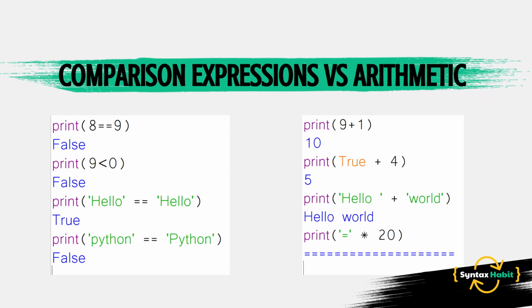As you may remember, an expression is something that Python can evaluate to produce a single value. With arithmetic expressions, the result might be a number or a string. With comparison expressions, the result is always a Boolean. In other words, every comparison expression evaluates to either true or false.